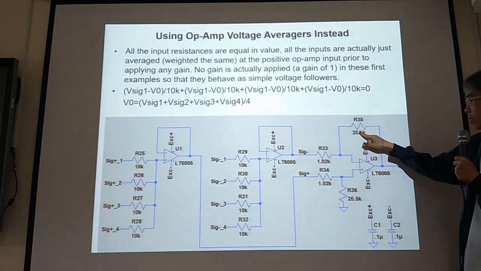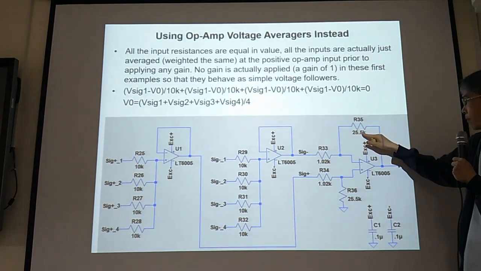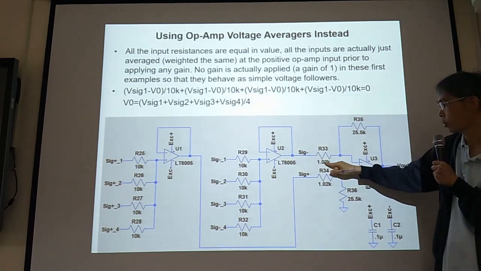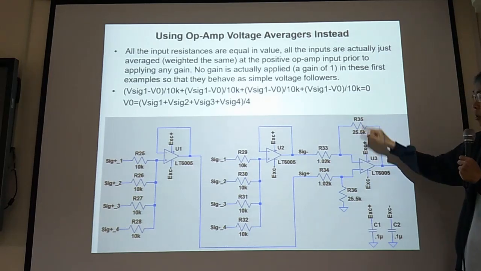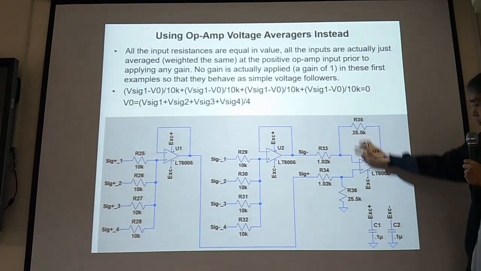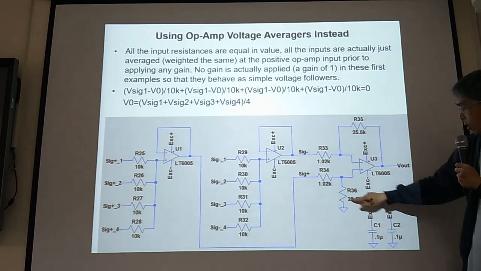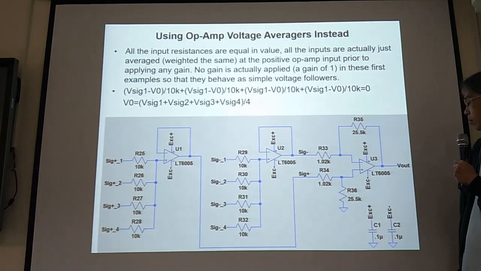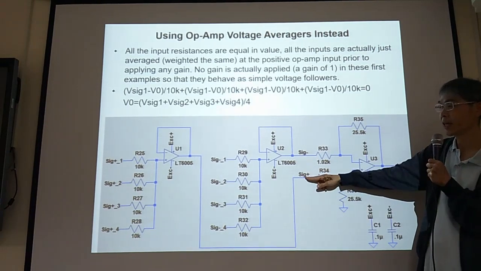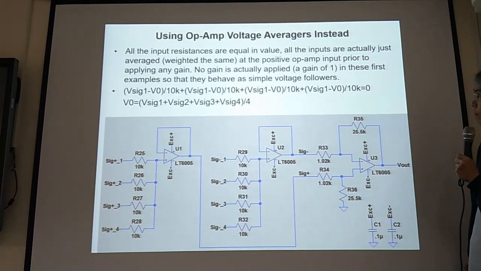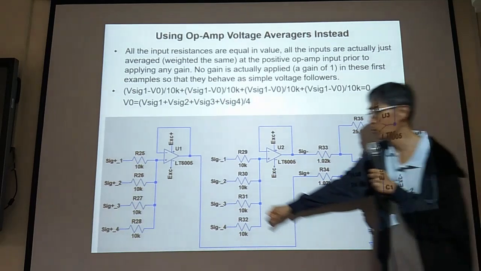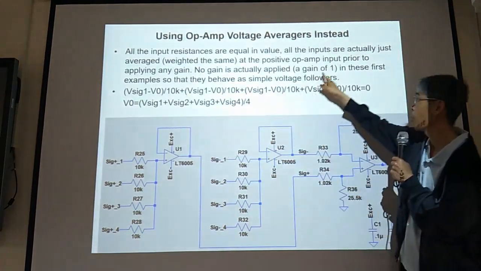So now the gain is 25 plus 0.5K, this is 1.02K. So this is the ratio, the gain is 25.5K over 1.02K. So the gain for these two is 25. And for the voltage follower, the gain is 1.